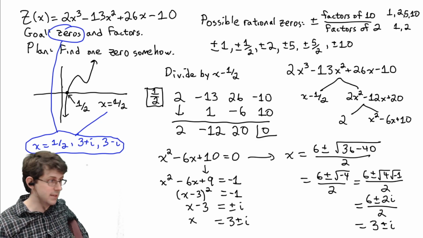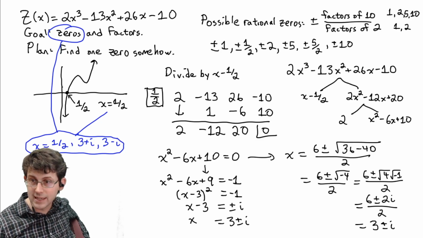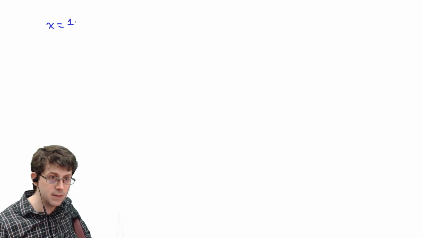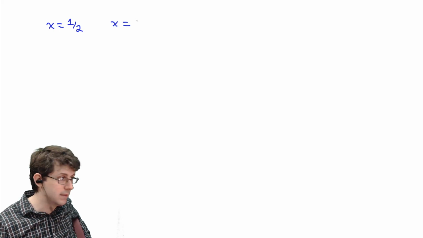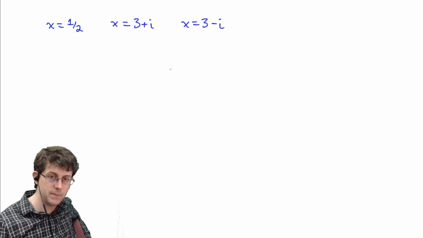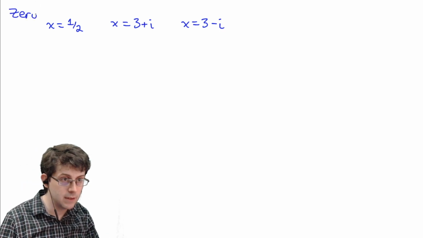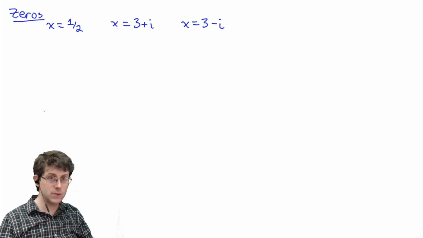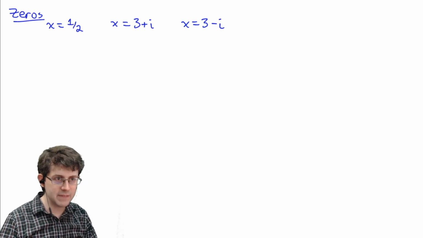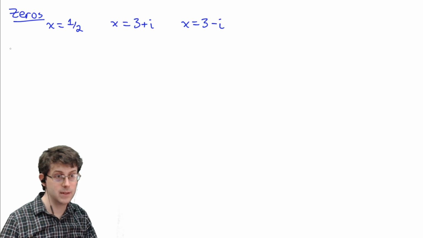So it was a half and 3 plus or minus i. If these are my 3 zeros, well, every time you have a 0, you can turn it into a factor by finding x minus the 0.